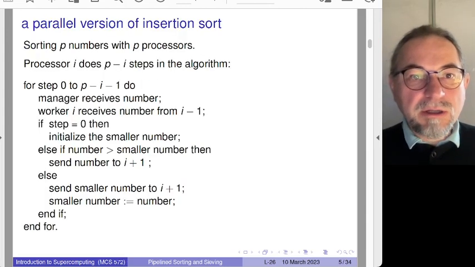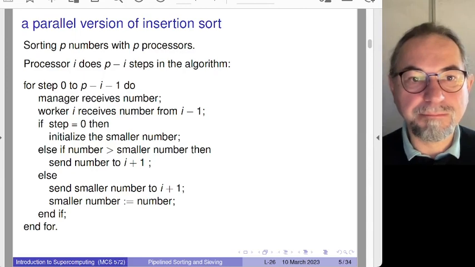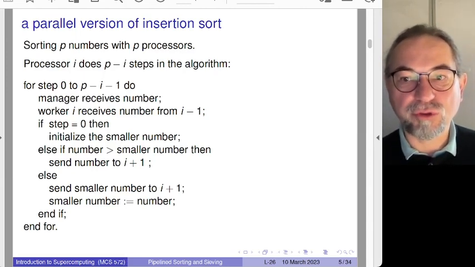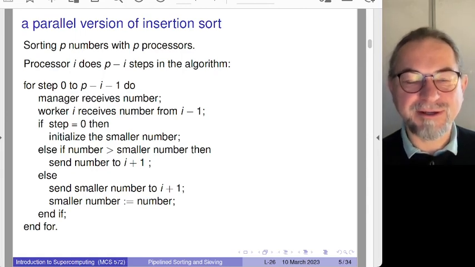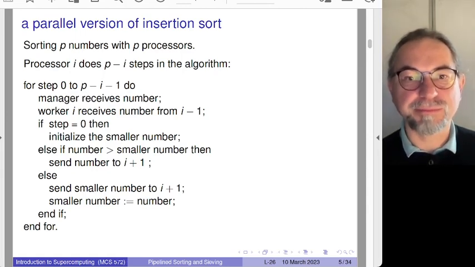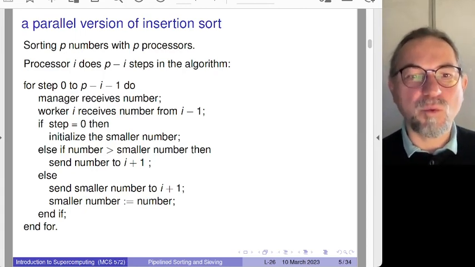Here is the parallel version of insertion sort. Every processor does the following steps. So we are again in the model of single program, multiple data, multiple processors that execute one single program.